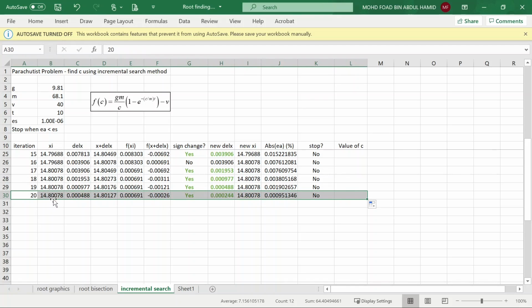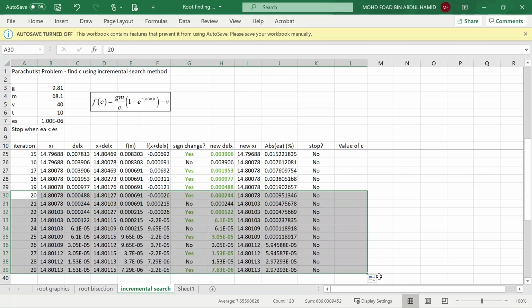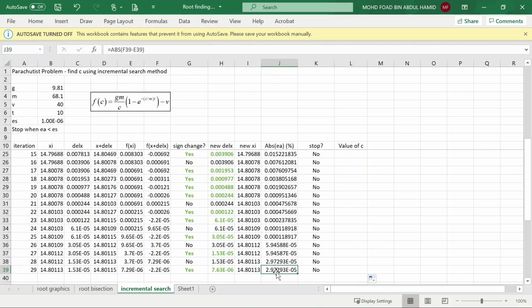Okay, so let's try this and see. Okay, after 29, the error is 2.972 times 10 to the minus 5. So we are close, because we need to hit less than 10 to the minus 6.